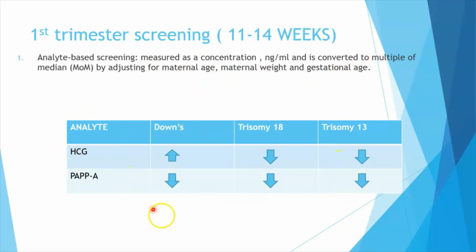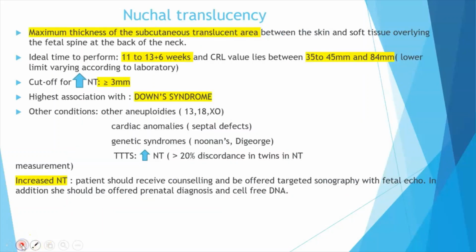Friends, as you can see in this table, the two analytes used in first trimester screening are HCG and PAPP-A. The level of HCG is increased in Down syndrome and levels of PAPP-A are decreased in Down syndrome, whereas levels of both HCG and PAPP-A are decreased in trisomy 18 and trisomy 13.